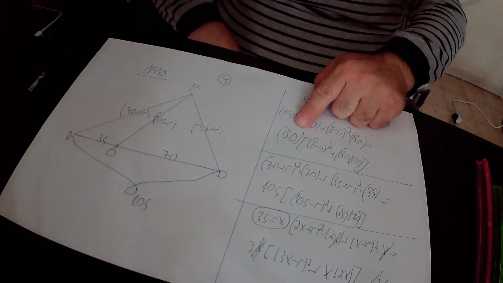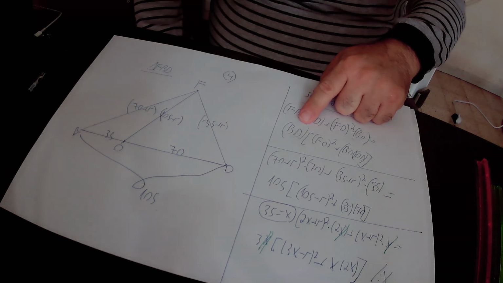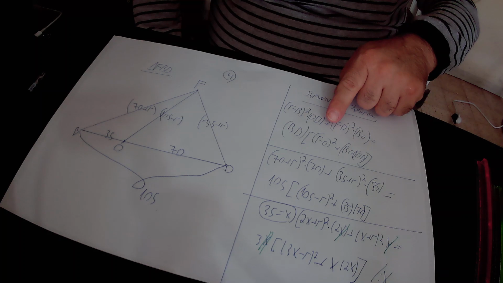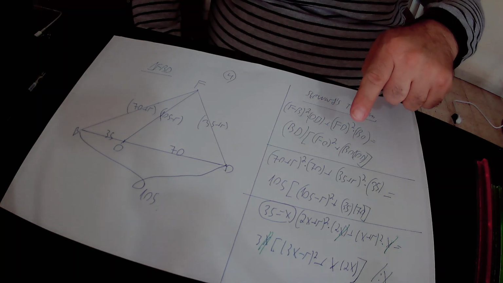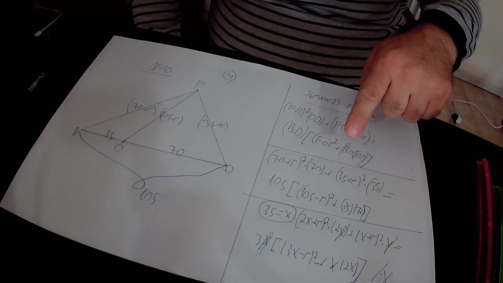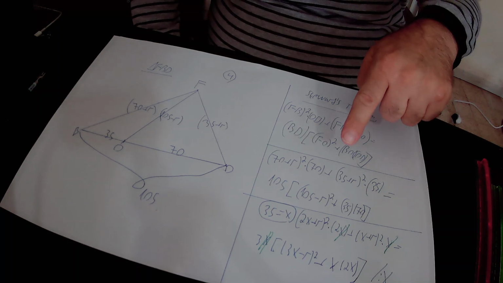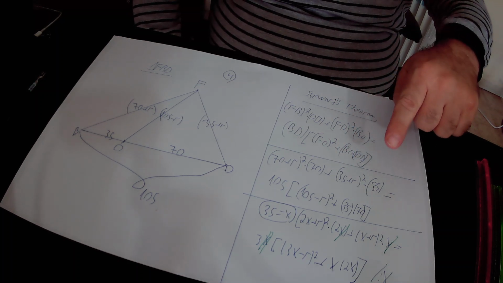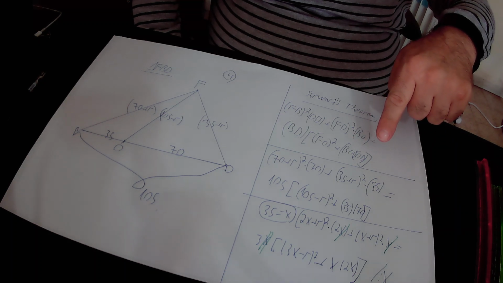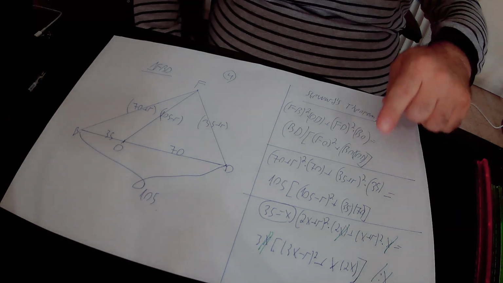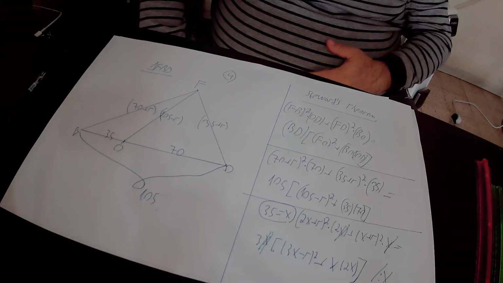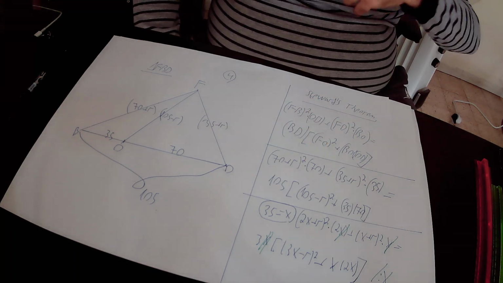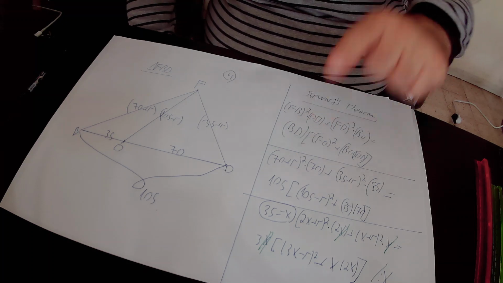BD is 105, so we substitute BD by 105. Then we open brackets, inside the brackets we have FO squared. FO is 105 minus r, therefore FO squared is 105 minus r squared, plus BO is 35 and DO is 70. Here we close the brackets. In the next step, we substitute 35 or any multiplication of 35 by a natural number by x.